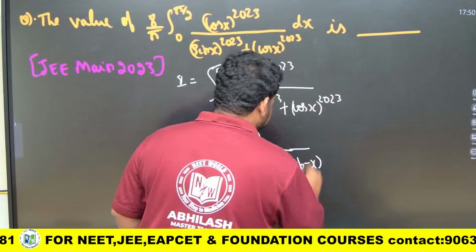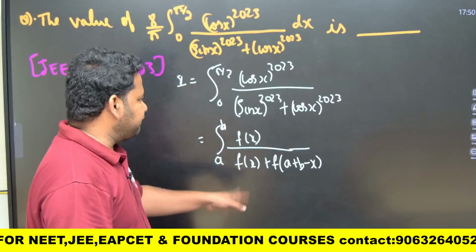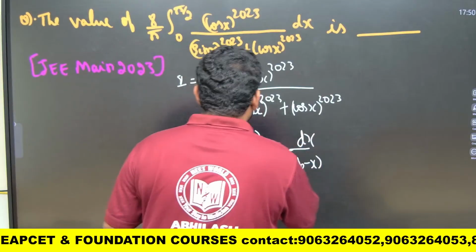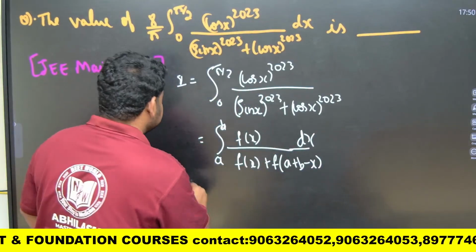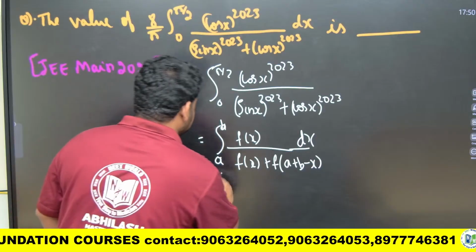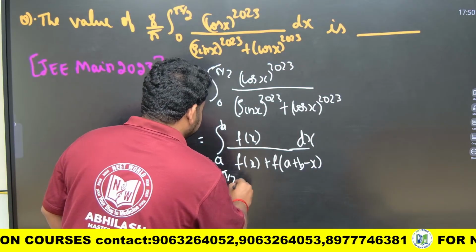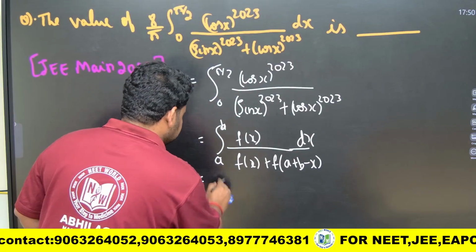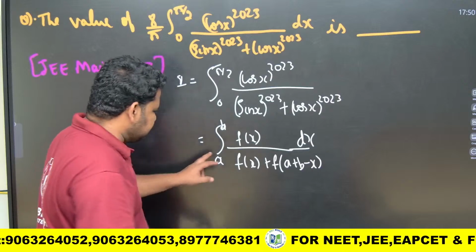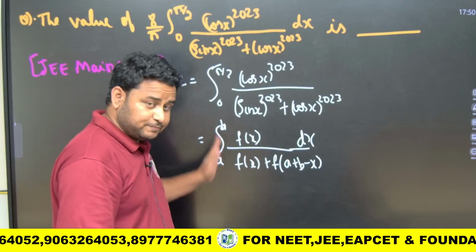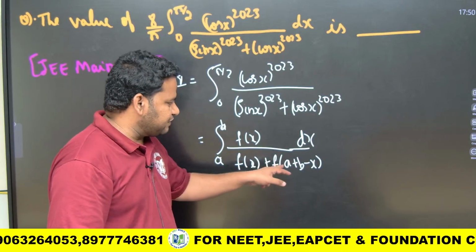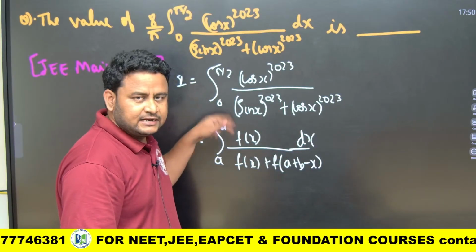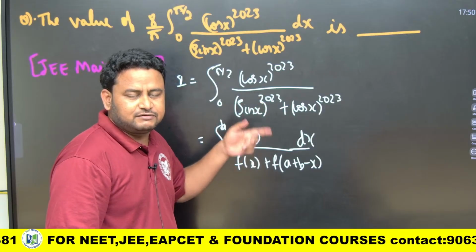If I put this value here, f of a plus b minus x, then I is equal to the integral from 0 to pi by 2, instead of cos x it will become f of a plus b minus x, that is a to b f of x by f of x plus f of a plus b minus x dx. Now I can add these and write it as 2 times the integral, and that will become equal to 1.